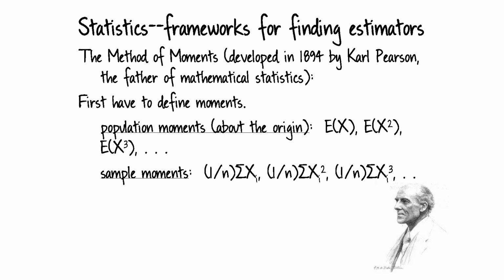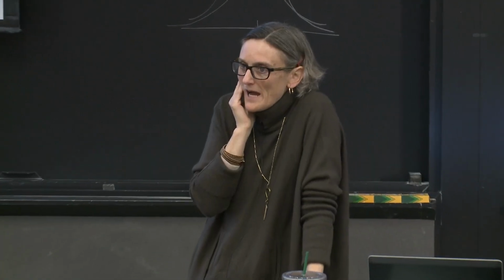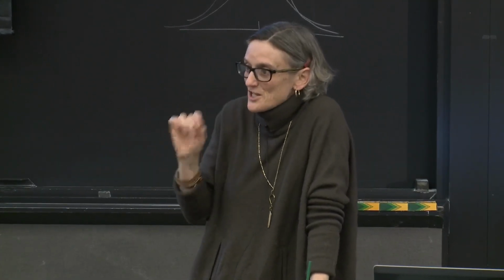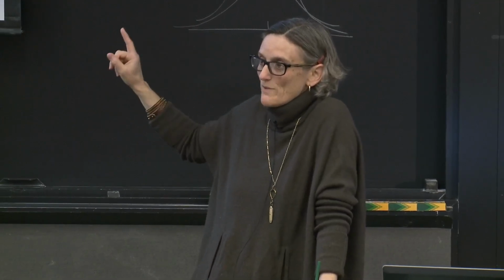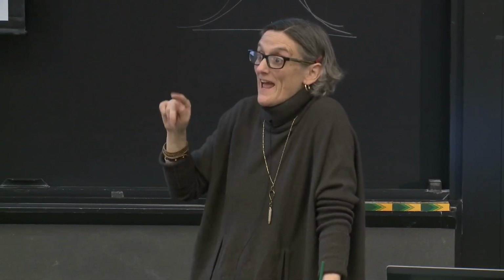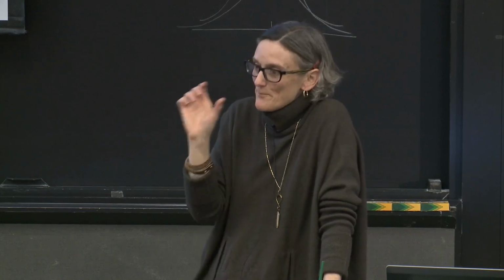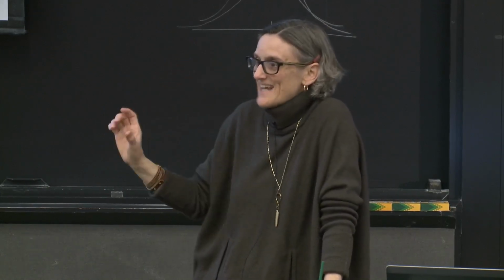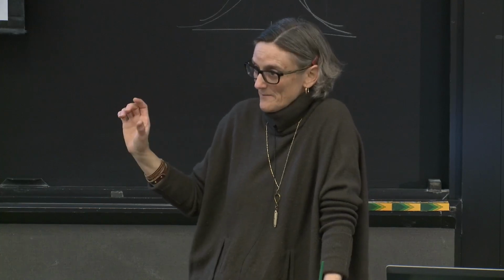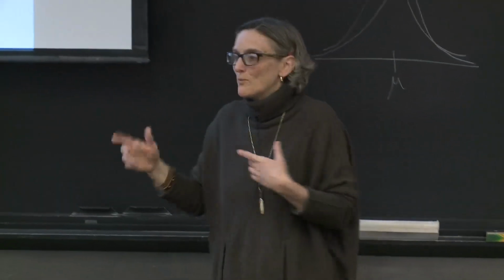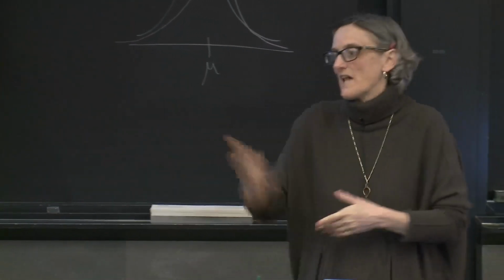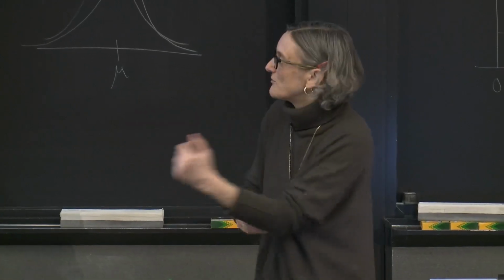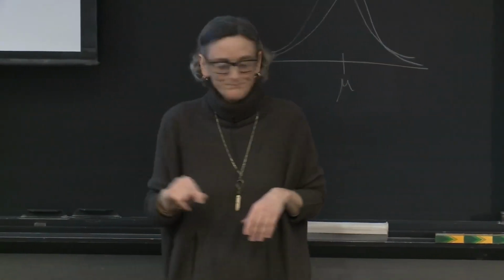And to be honest, I believe the definition of the second sample moment about the mean is 1 over n, not 1 over n minus 1. So the sample variance is defined differently than the second sample moment about the mean, because the second sample moment about the mean is actually a biased estimator of the variance. Thanks for asking that question. But there's no inconsistency.